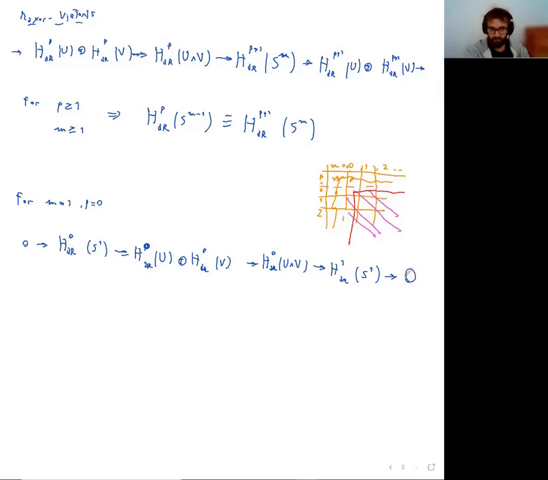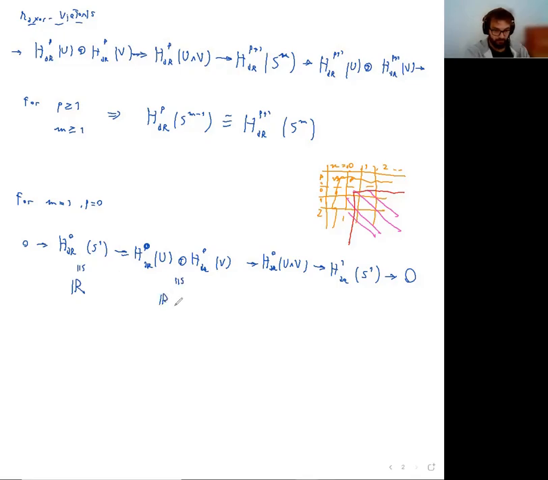Okay. And also we know that we don't need to go any further because the highest dimension here for S is 1. So H^2 is going to be 0. Okay, so let's compute this. Well, this is isomorphic to R because it's just the number of connected components.